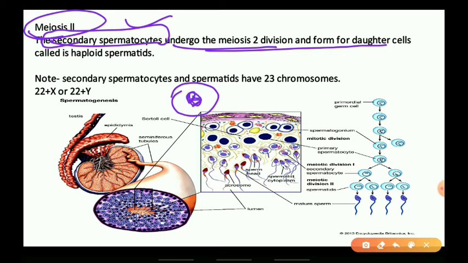Two secondary spermatocyte cells were formed with 23 and 23 chromosomes.